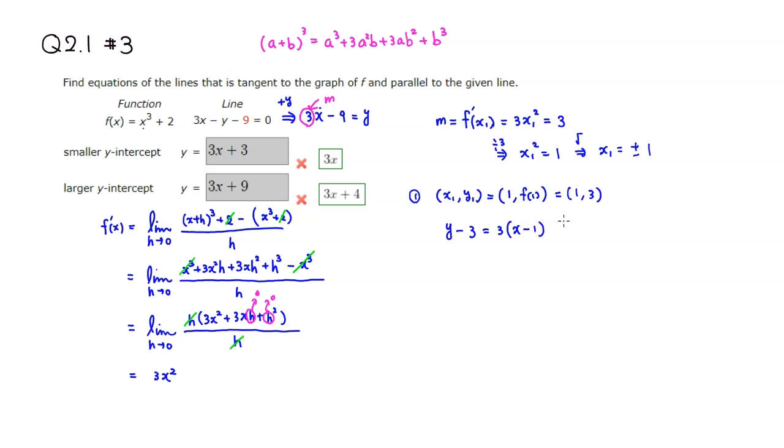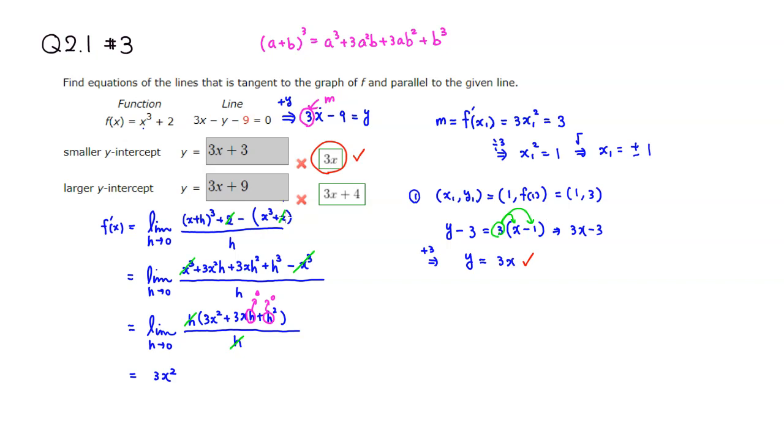If you simplify that, you can distribute 3 to x and negative 1, and get 3x minus 3. Then we can add 3 so that y is isolated. y is equal to 3x, if you add 3, it's just 3x. So we got the first one here.